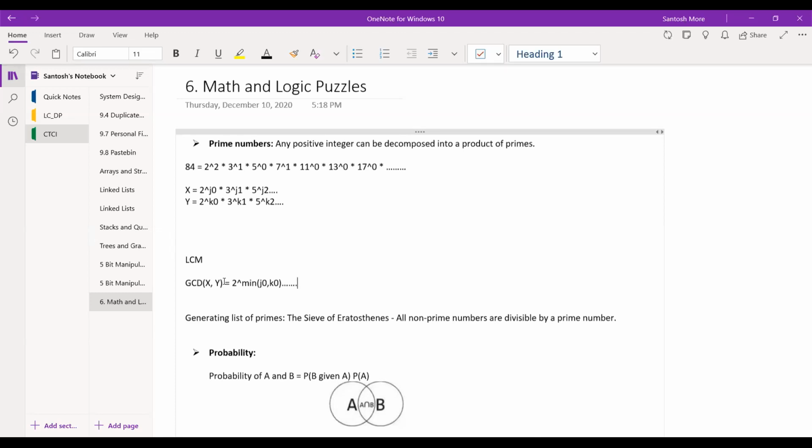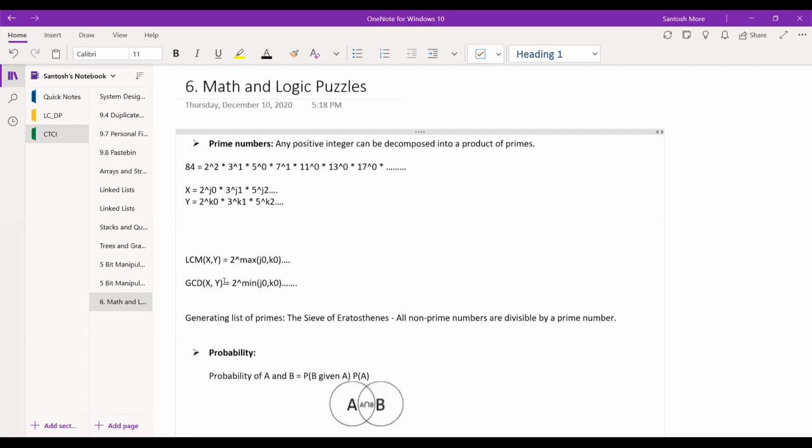The same thing can be done for the LCM. If you have to find the LCM of these two, you can say 2 raised to the max of j0 and k0, and so on for the other prime factors like 3, 5, and whatever else.